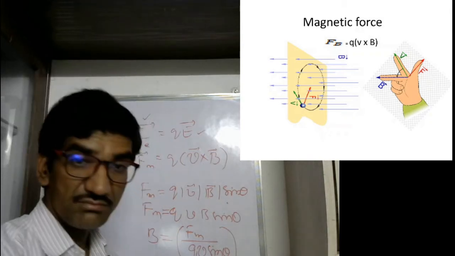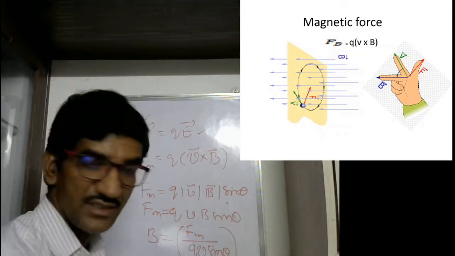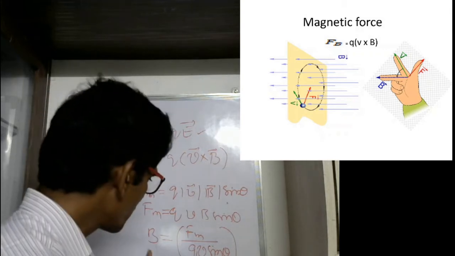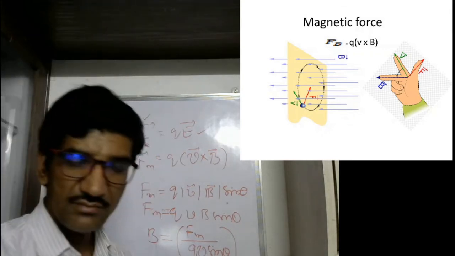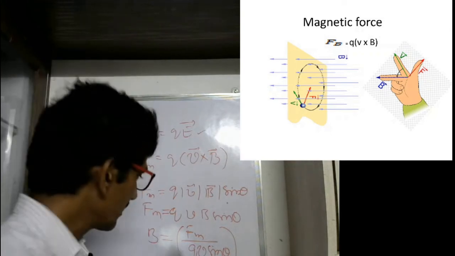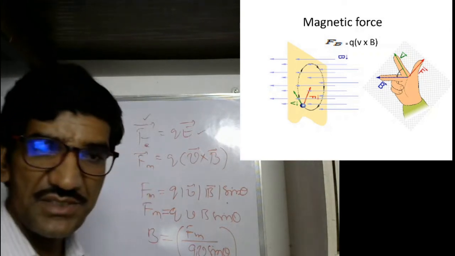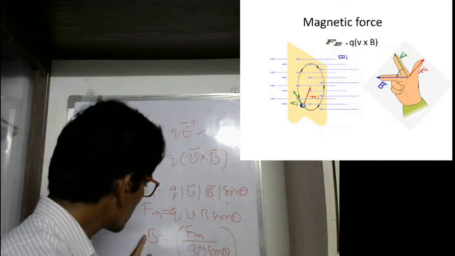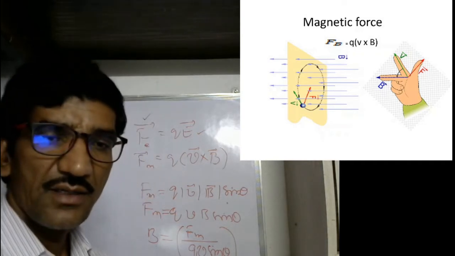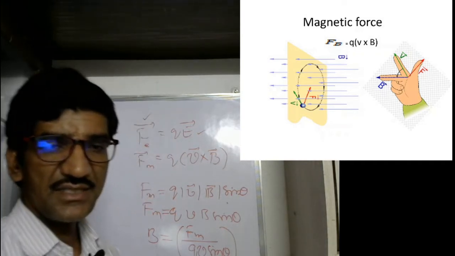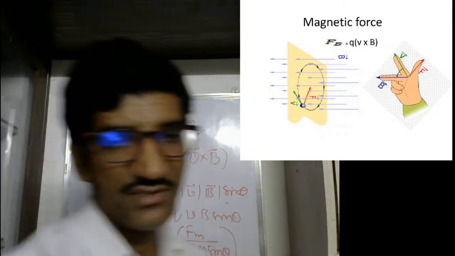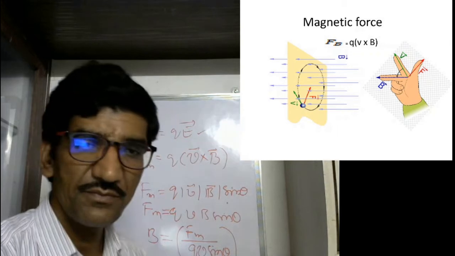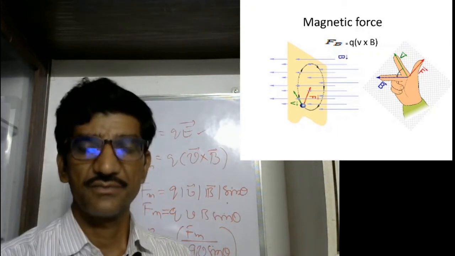Whenever your theta value is 90 degrees and all these things are unit quantities, what happens? The magnetic field is just the magnetic force. This is the definition, very much similar to the electric field.